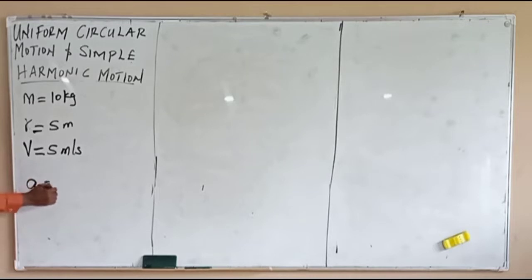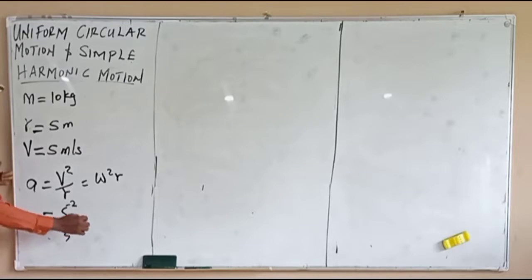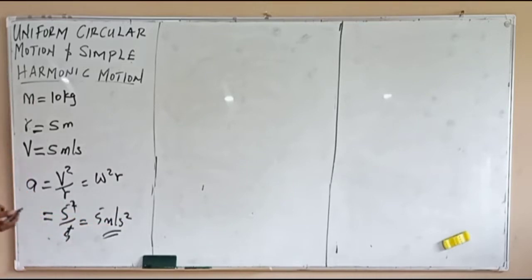Centripetal acceleration is either v squared over r or w squared r. Look at what was given: v was given, w was not given. So v squared over r is best to use. That would be 5 squared over 5. One 5 will cancel one 5. You have 5 meters per second squared.